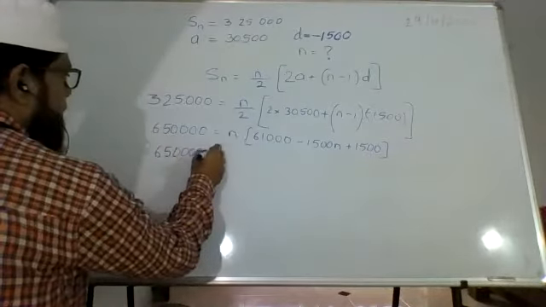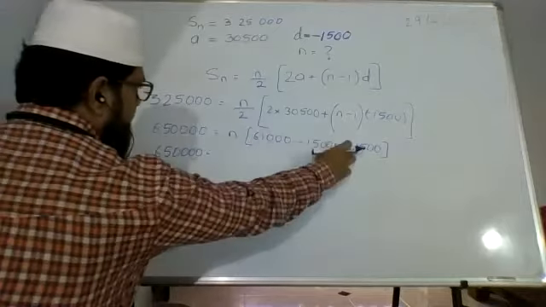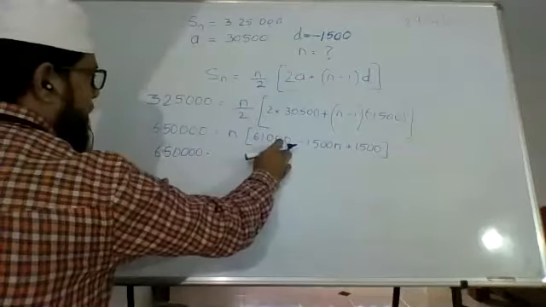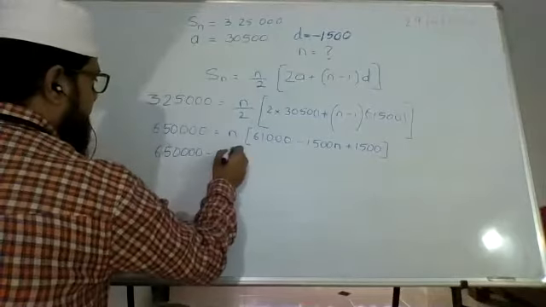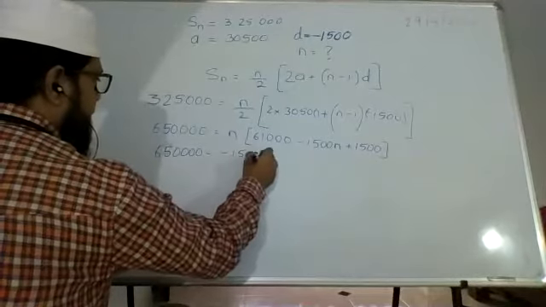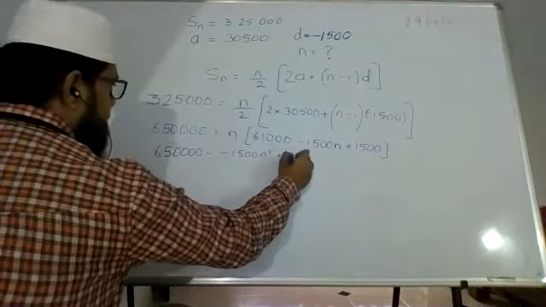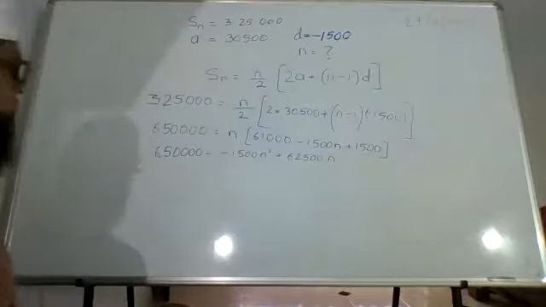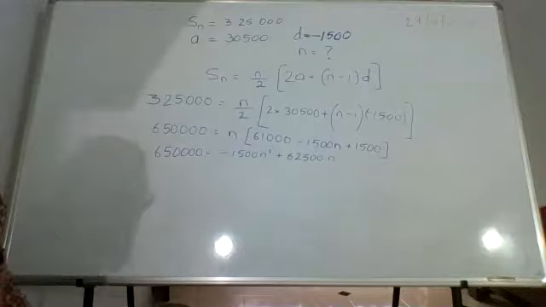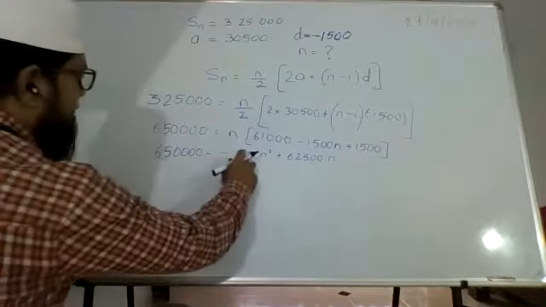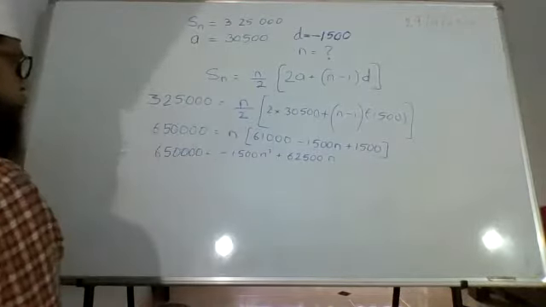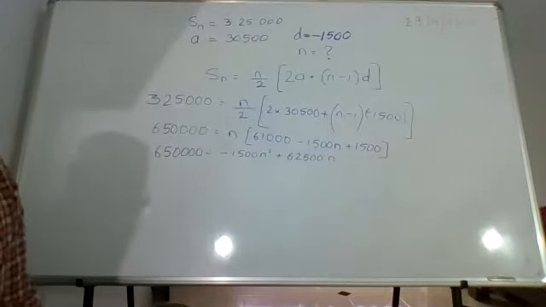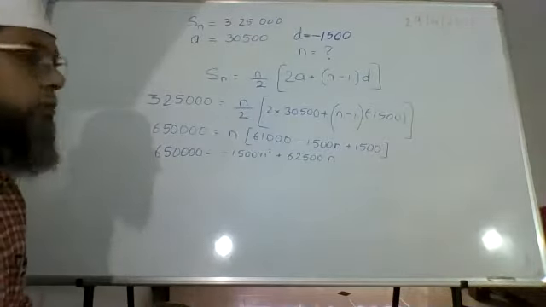So 6,50,000 equals, now 61,000 and this 1,500 makes 62,500, so minus 1,500 n square plus 62,500 n. Now you will see each of these has two zeros, so I can remove those two zeros, and it is further divisible by 5.